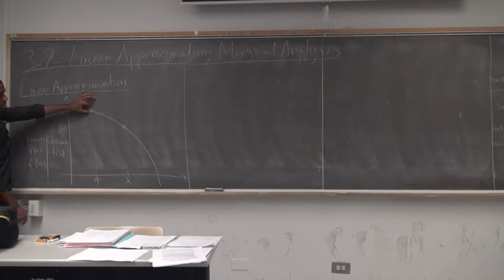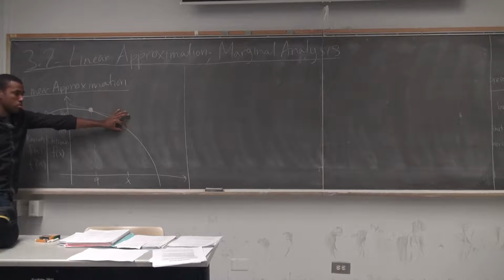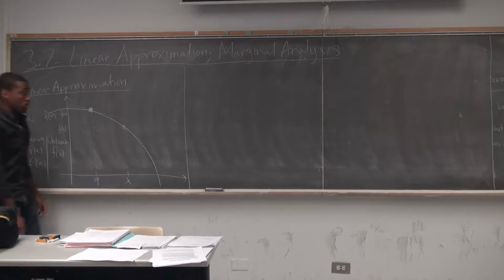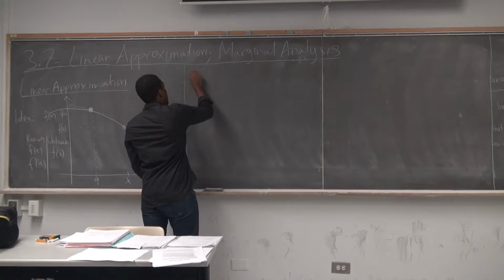Anyway, so that's the situation. I know everything at this point, but at this point I don't know much. I don't know the slope, I don't know the y value. And the point here is to approximate f of x.